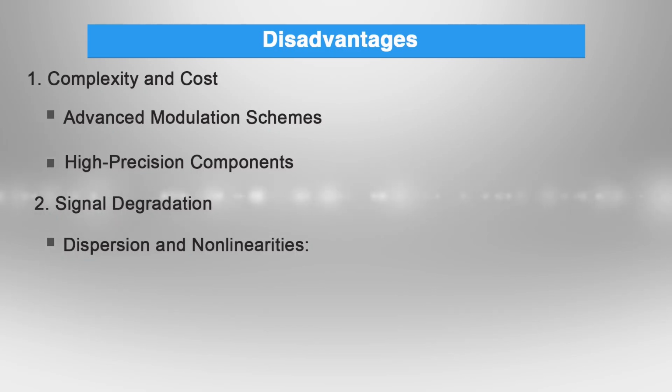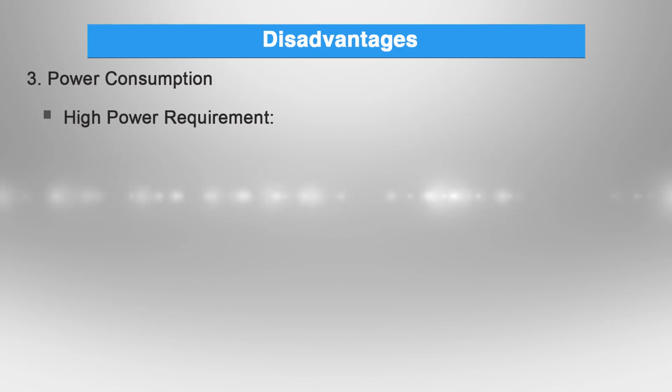These effects distort the signal, especially in advanced modulation schemes with dense spectral efficiency. Noise susceptibility. Techniques like amplitude phase shift keying are more susceptible to noise and power fluctuations, which can degrade the signal quality. Next is power consumption, which means high power requirement.